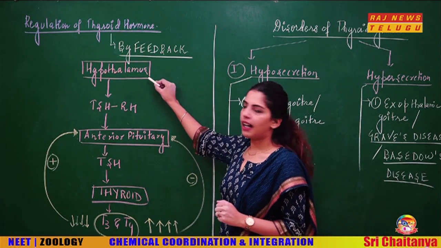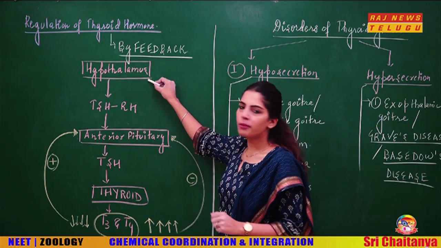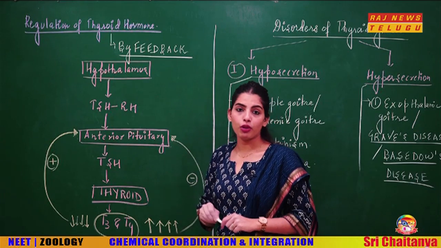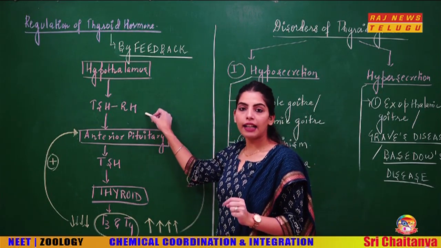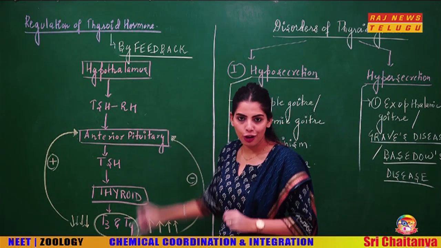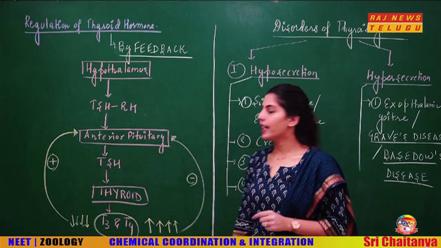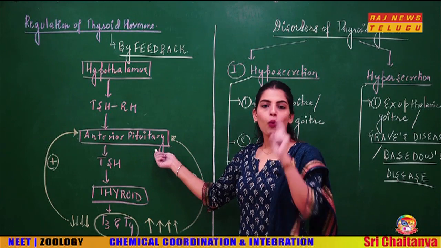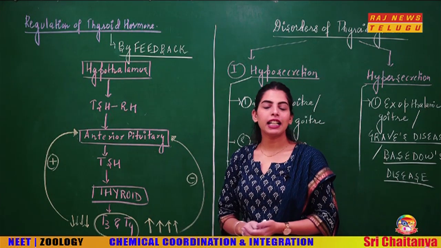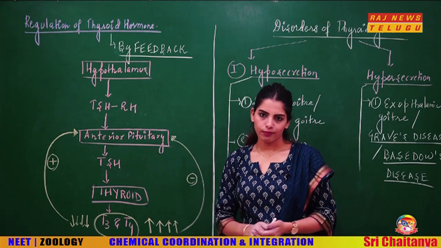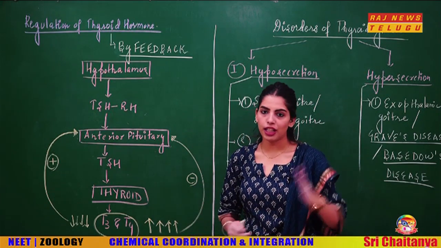Students, we have the gland hypothalamus, and the hypothalamus produces a releasing hormone, which is TRH, thyroid stimulating hormone releasing hormone, the target of which is the anterior pituitary. Once it acts upon the anterior pituitary, it releases TSH, that we all know, thyroid stimulating hormone.